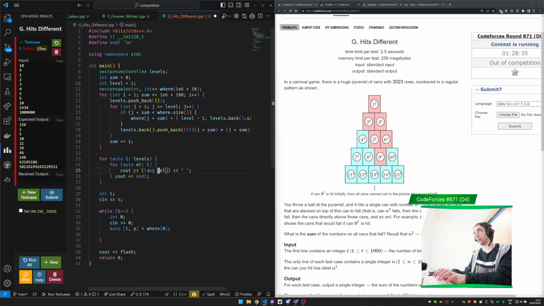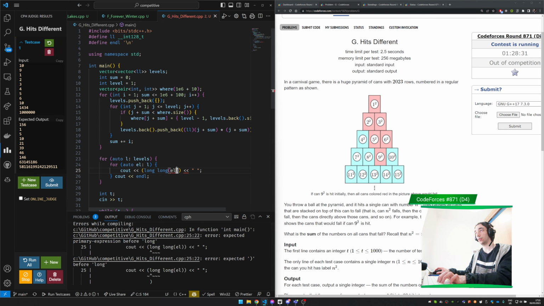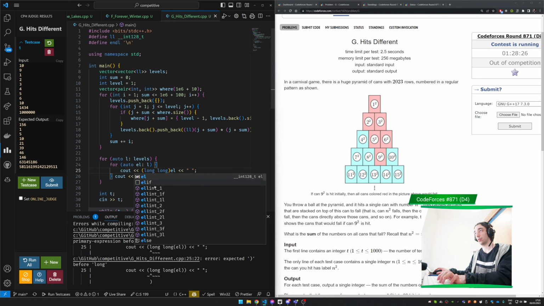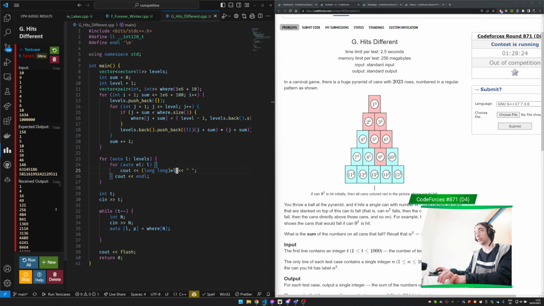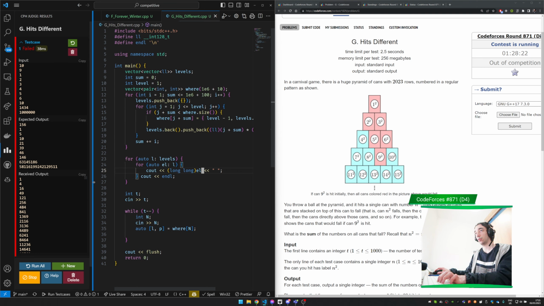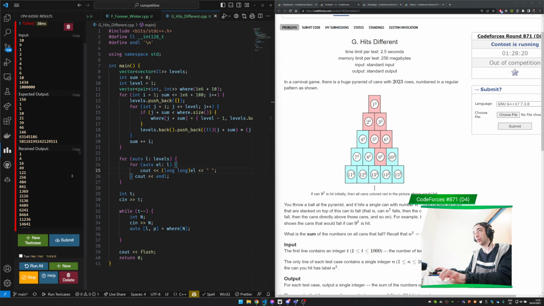Oh yeah, not long, I've overwritten. We are not doing level, we're not doing it properly.